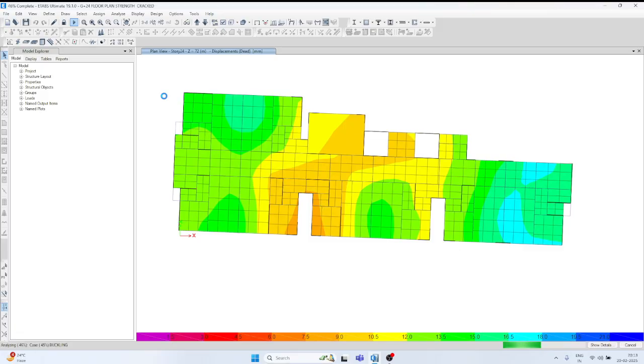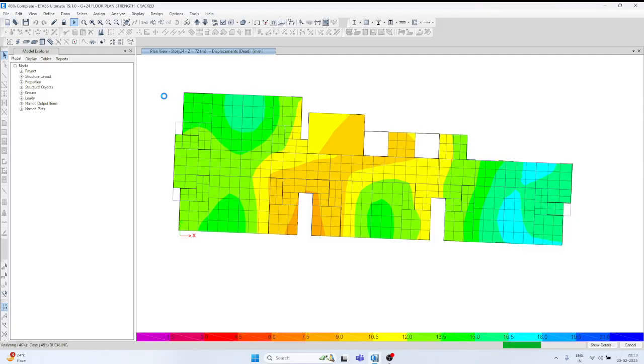Already 45% has been completed. Being a structural engineer, you have to keep some patience also. When you do the job in your company, sometimes you will have to face too much pressure. The same day you have to complete it and submit your projects.